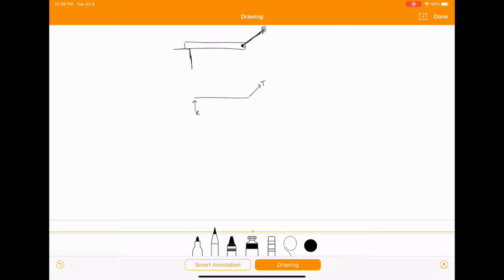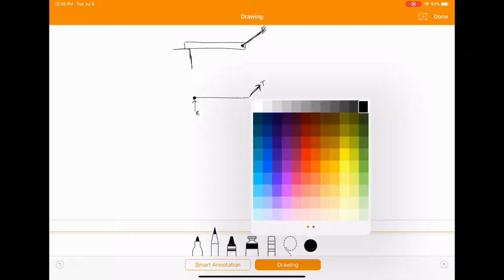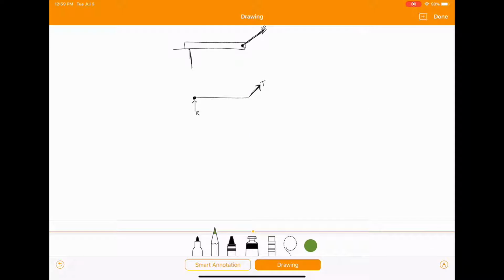So if we were going to take a moment about this end right here, the left end, what would be our perpendicular distance from this tension force over to this point? It's kind of hard to visualize, but we can break down this tension force into X and Y components.